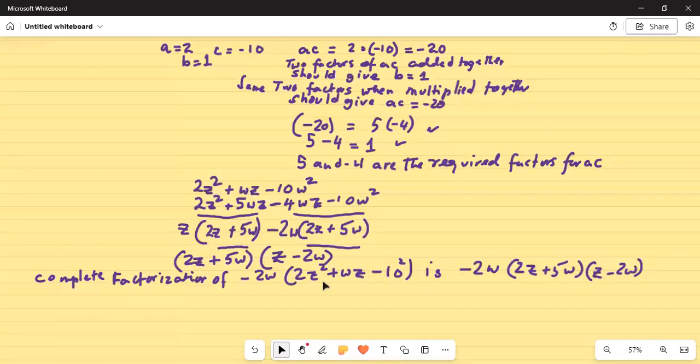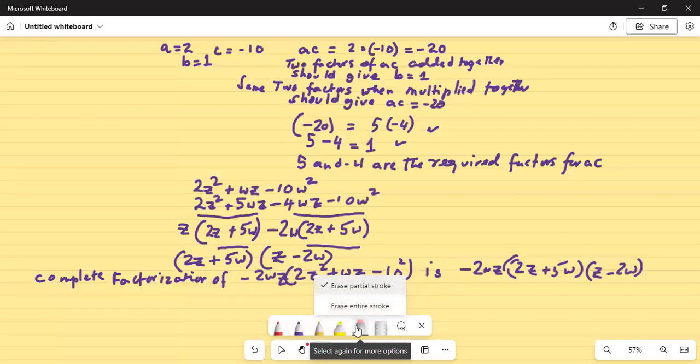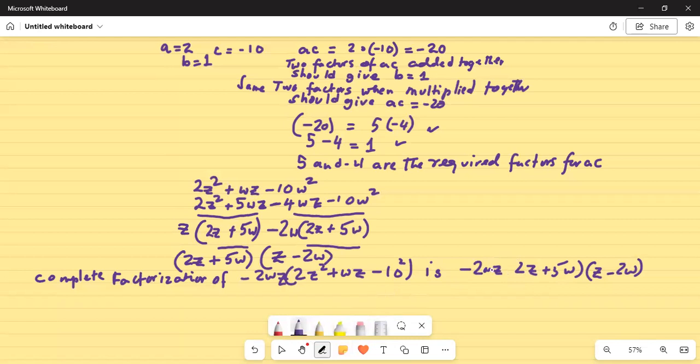Actually, it was minus 2wz, which was outside. In the first step, we took out minus 2wz as a common factor. Minus 2wz times the entire thing is the complete factorization.